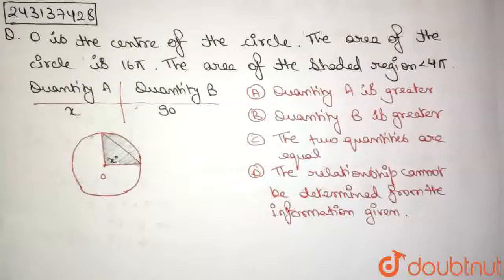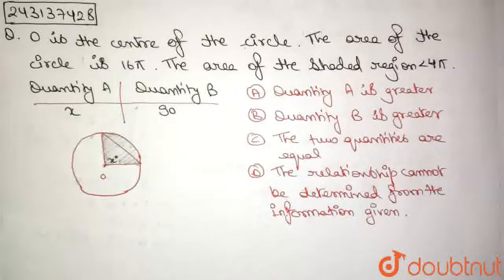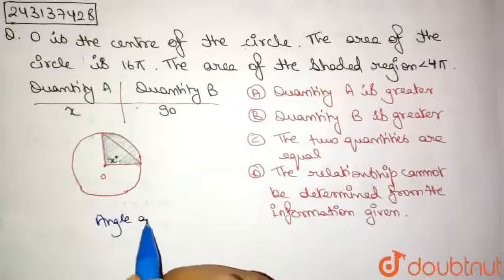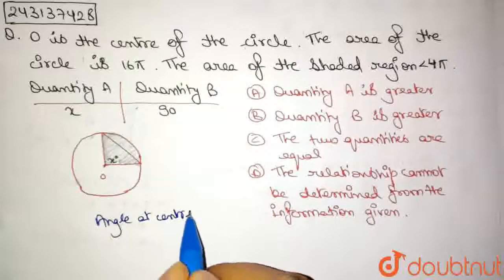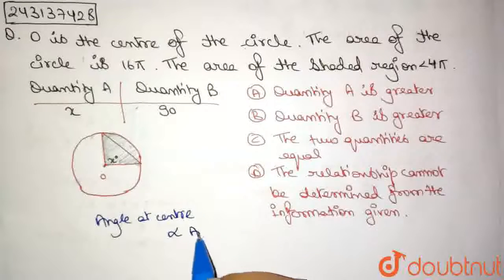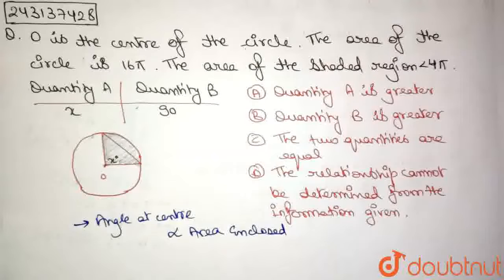Now, we know that the angle subtended at the center is directly proportional to the area. So I can say that angle at center is directly proportional to the area. Right, so also I can say that area enclosed. So the angle at the center is directly proportional to the area enclosed.